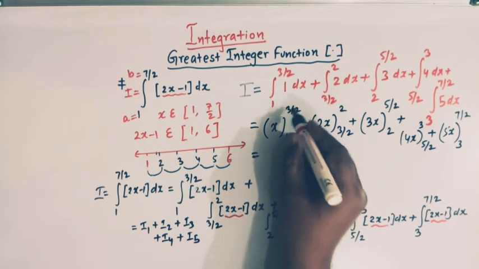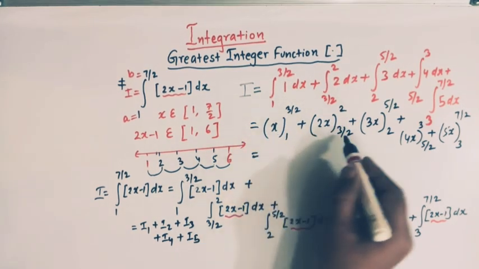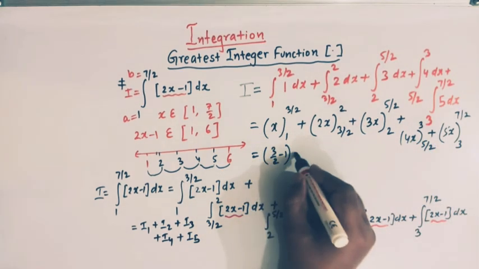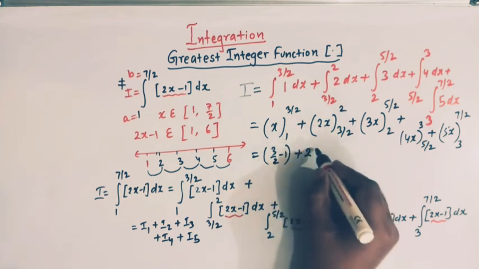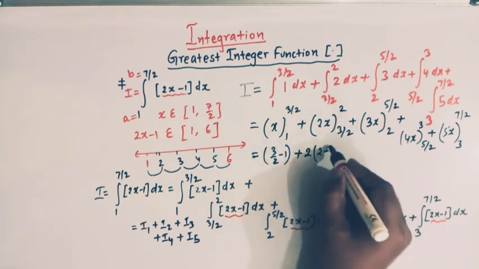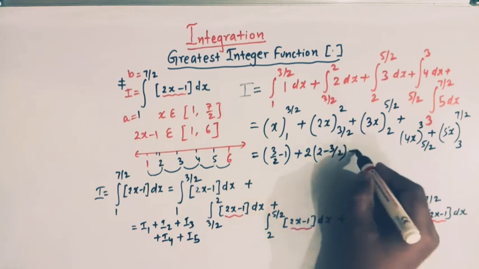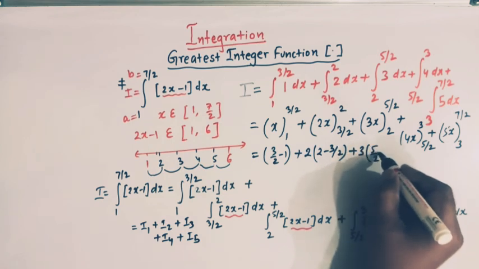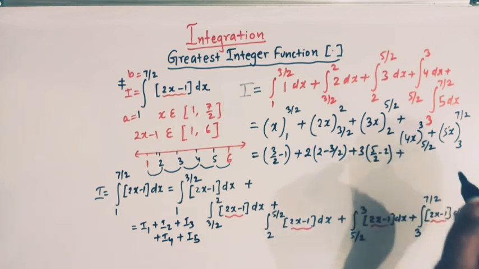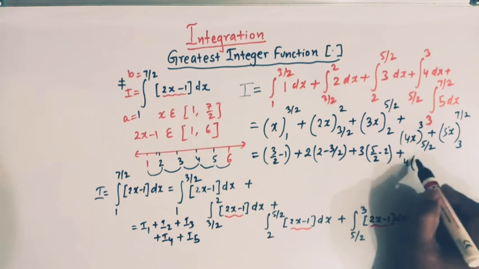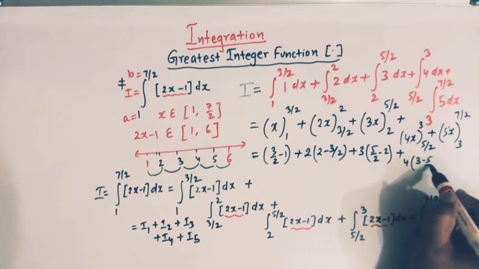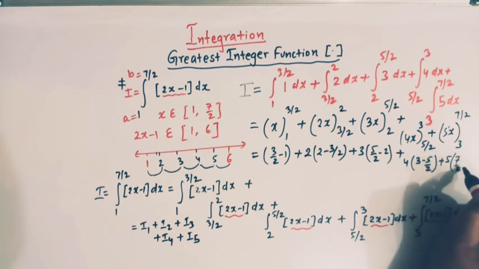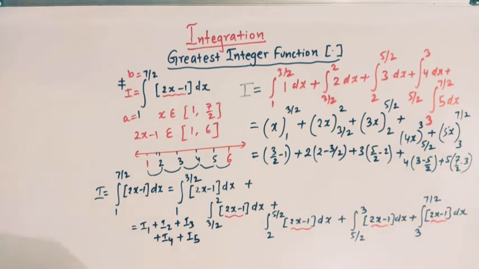Okay, so now we can easily find out the values of these 5 expressions. So this is 3 by 2 minus 1. Here we have 2 times 2 minus 3 by 2, plus here we have 3 times 5 by 2 minus 2, and here we have 4 times 3 minus 5 by 2, and here we have 5 times 7 by 2 minus 3. Clear?